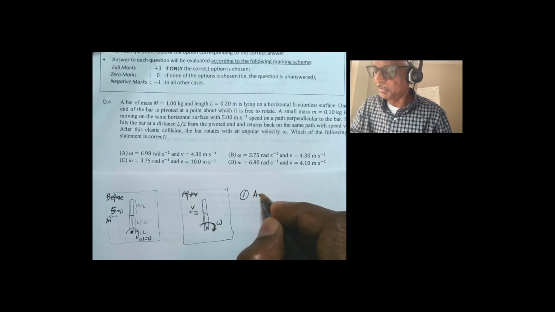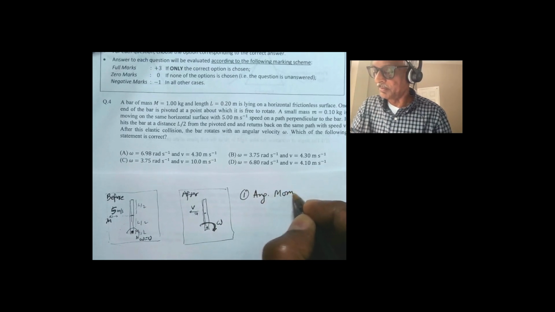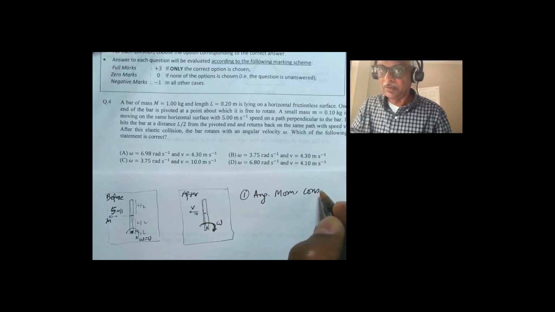So this is a collision problem, but you can see there is an external force involved here, so it's best to set up angular momentum conservation. One principle will be angular momentum conservation.